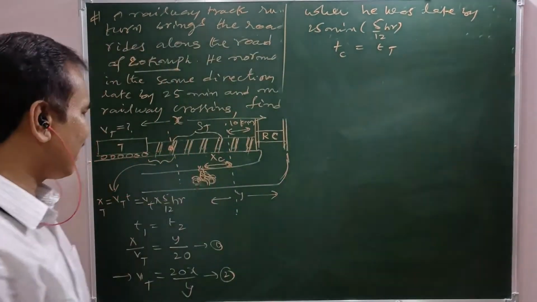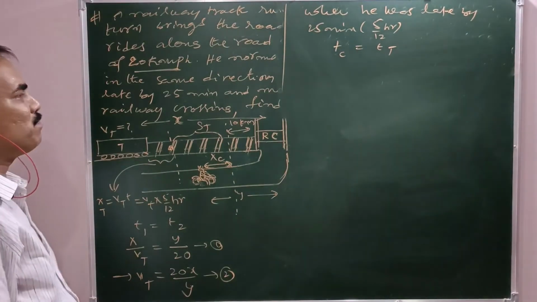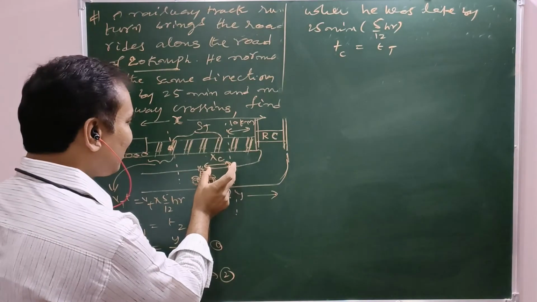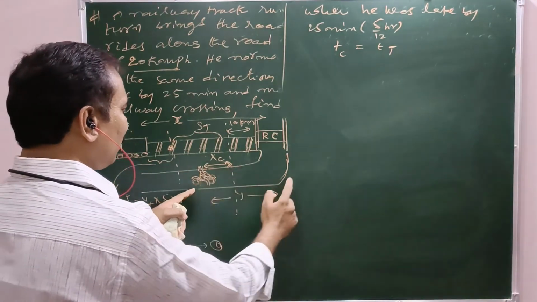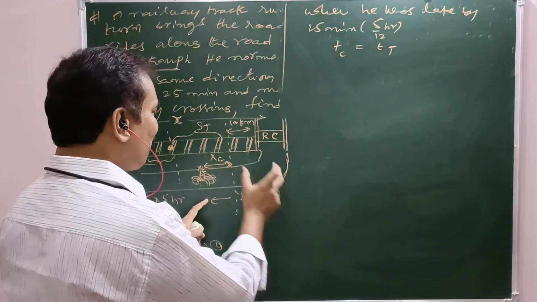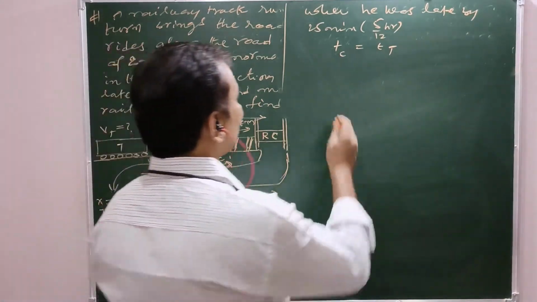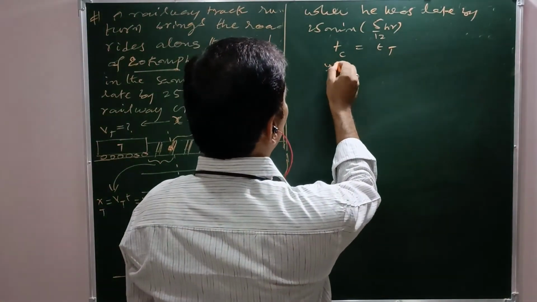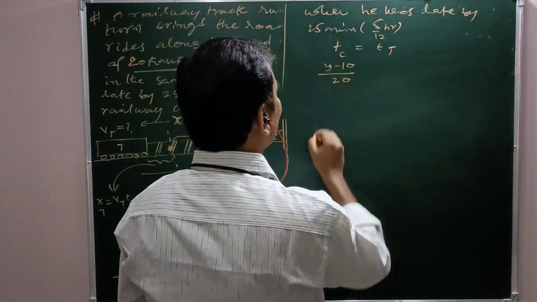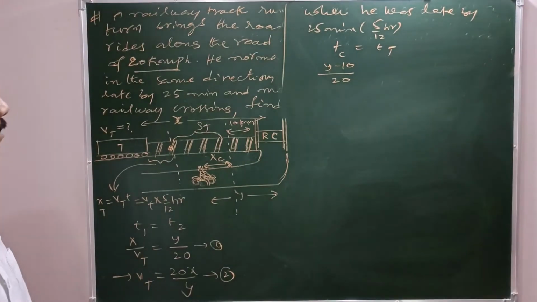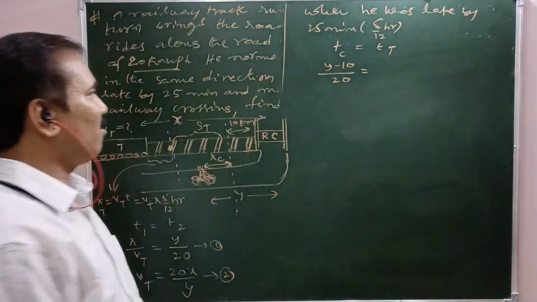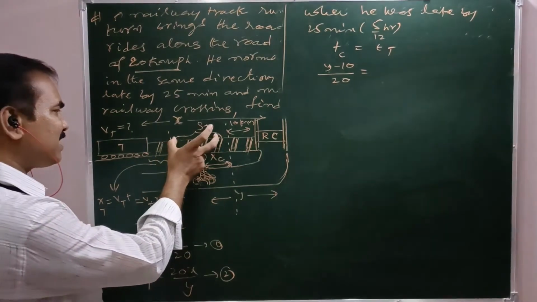What is time? Time equal to distance by speed. What is the distance covered by the cyclist here? That is y minus 10. See, this is y, the usual distance, y minus 10 km. So y minus 10 by speed, speed means 20 km per hour, equal to the time taken by the train in covering a distance of ST.